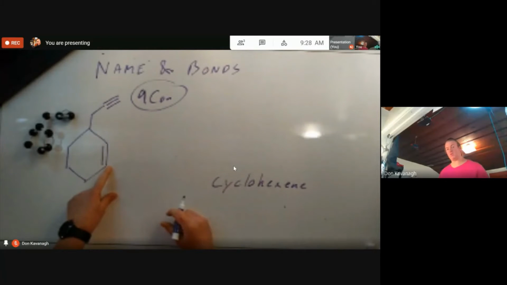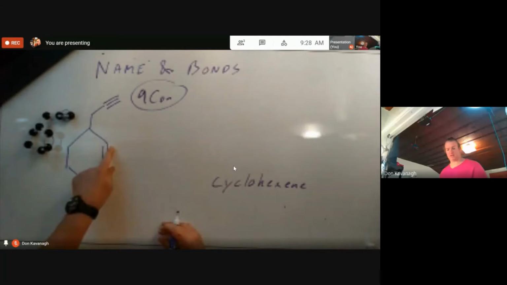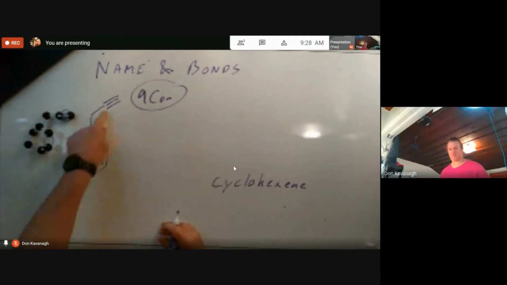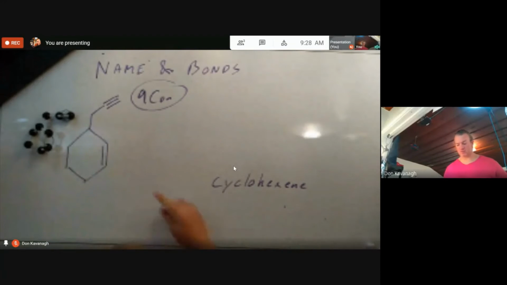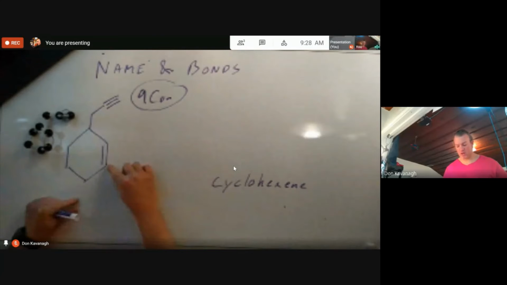We want to give it the lowest number location possible. So we have to start at one of these carbons, count across the double bond, and then get to the next most interesting thing here. There are 2 directions we can go. The shortest route would be to start here and go 1, 2, 3.